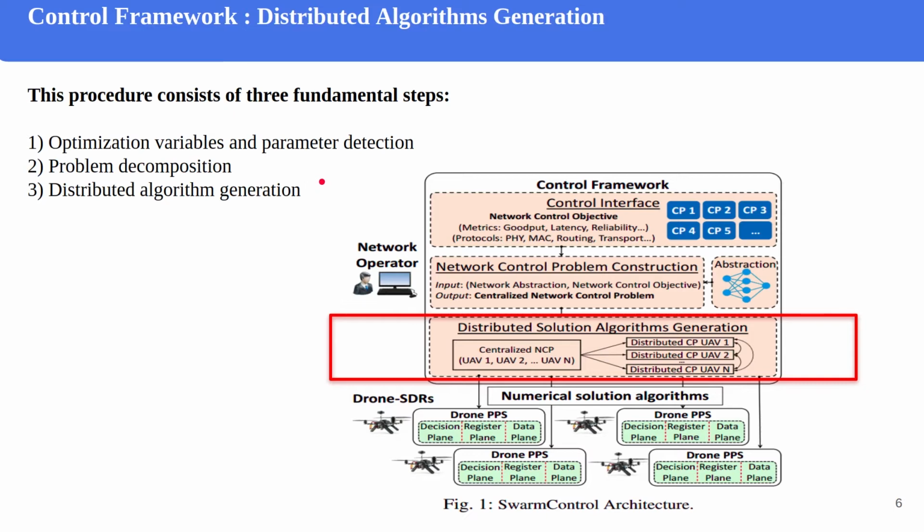The first one is optimization variables and parameter detection. SwarmControl first parses the objective function and then the constraints of the NCP, and detects the optimization variables and parameters involved in the optimization problem.